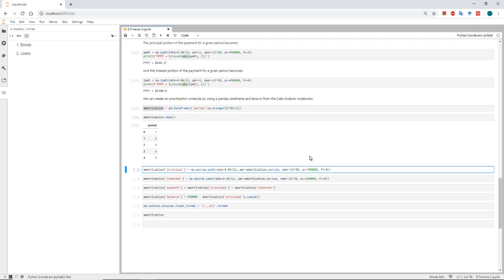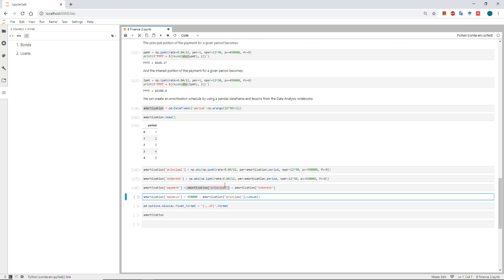Then we did the interest portion. So we're going to do some column-wise calculations we're familiar with, and add up principal and interest. We could also have just run the numpy payment function, and it should have been the same.